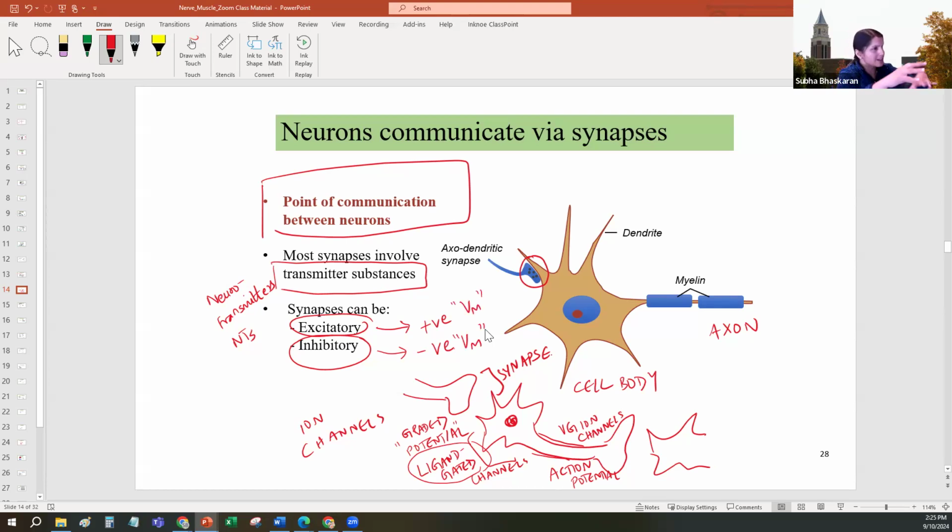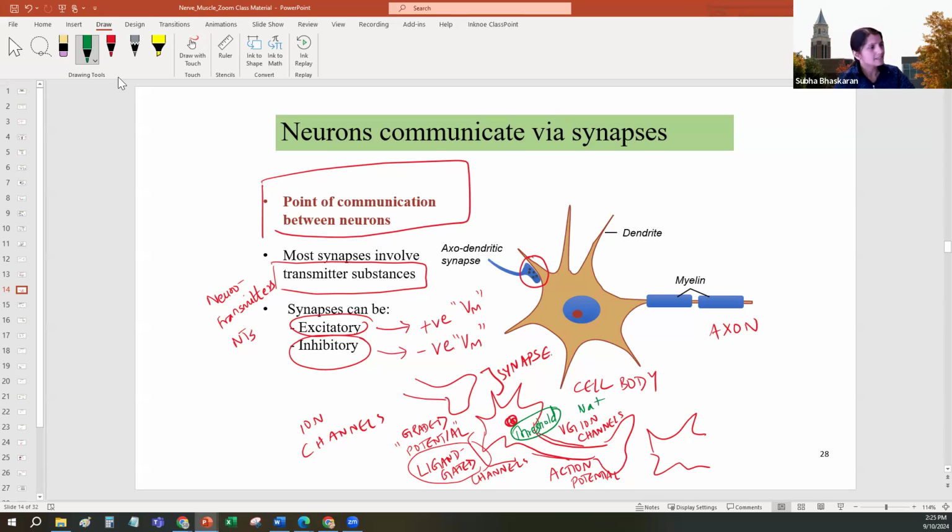So it is going to cause a local change first. If that local change, if Vm now slowly becomes closer to threshold, going past the dendrite, they're all activating. If it's touching the threshold, what channels would be activated? Voltage gated sodium channels will be activated.